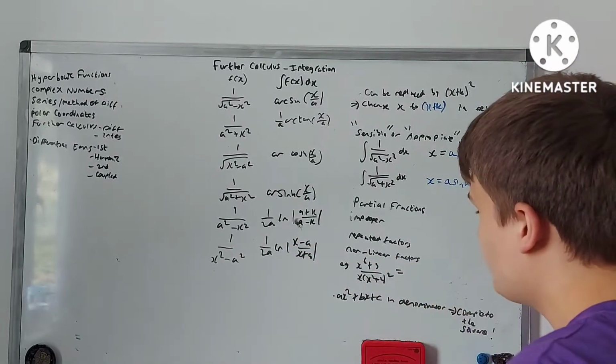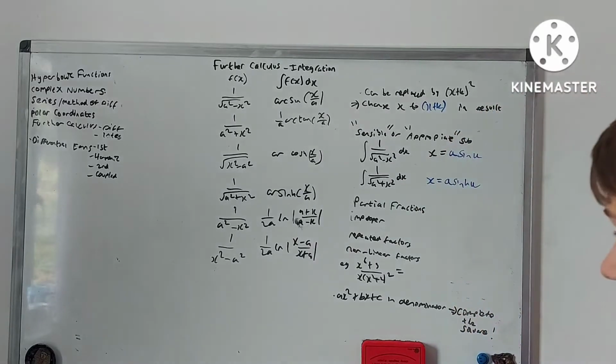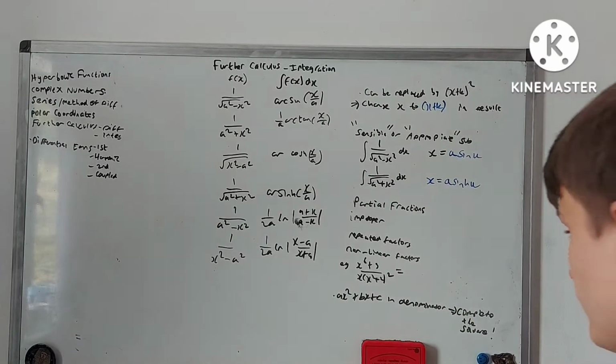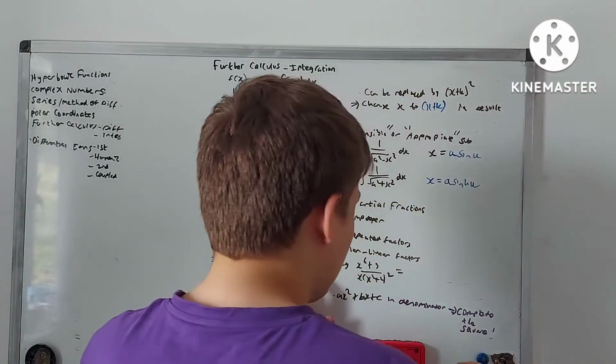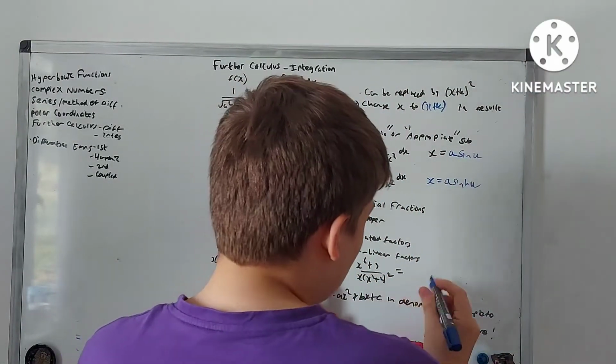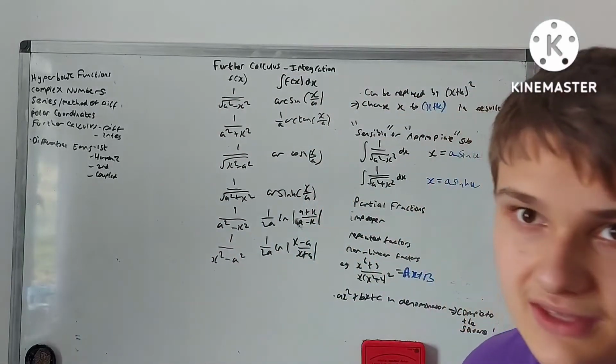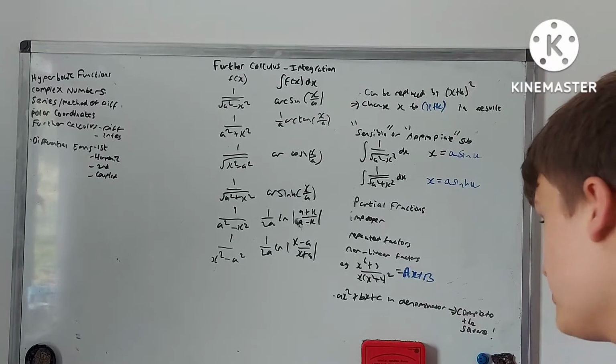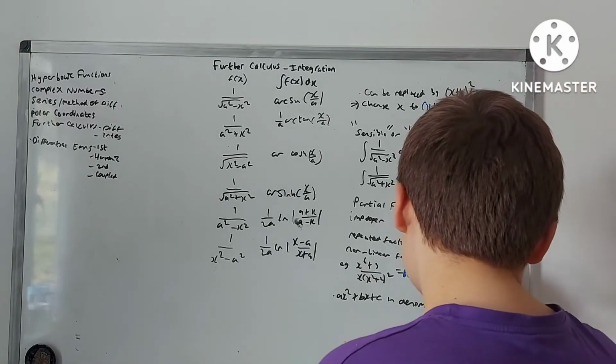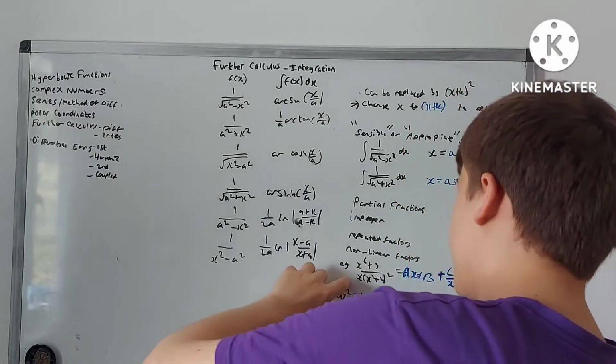So, I have x to the 6 plus 3 over x times x squared plus 2, all squared. Now, the first thing is we divide these out. When I get x to the 4 terms, so when I divide them by each other, I'm going to get a linear term of ax plus b. If you can't see where that's coming from, go through the argument. Then I'm going to get a plus c over x.